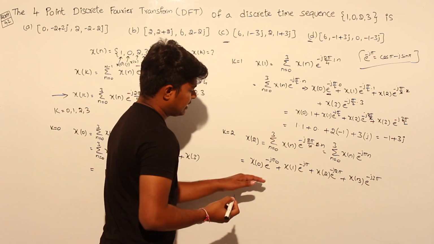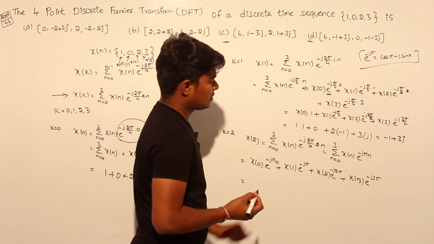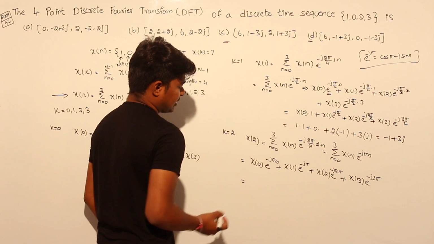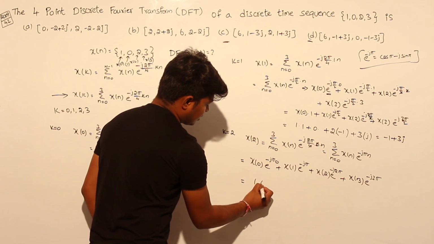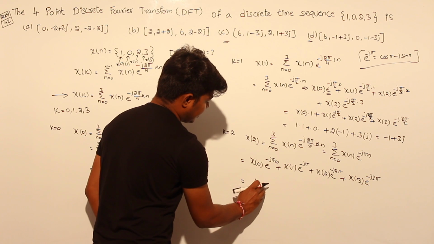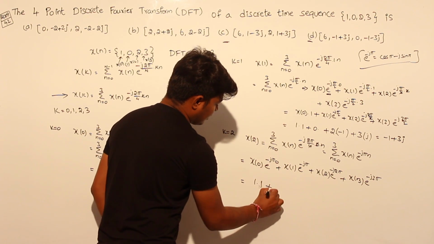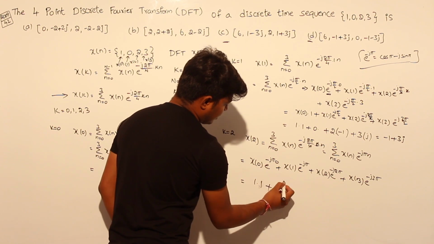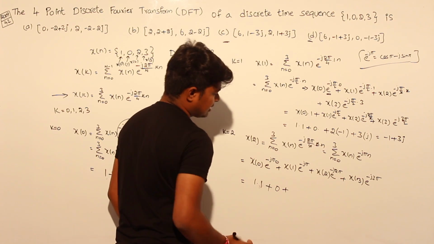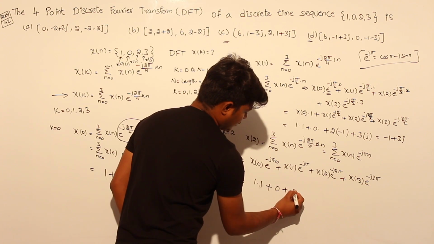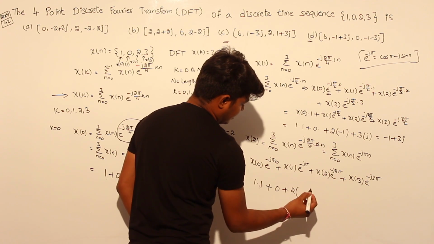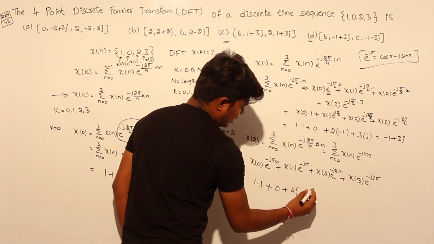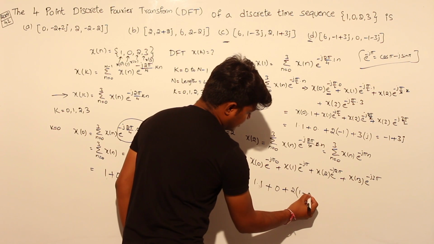Now we will substitute the values of x of 0, x of 1, x of 2 and x of 3. Similarly e power minus j pi. The value of x of 0 is 1 and e power 0 is nothing but 1, anything to the power of 0 is nothing but 1, plus x of 1 is 0, anything into 0 will be 0, plus x of 2 is 2, and e power minus j pi is, it will be 1 minus 0.